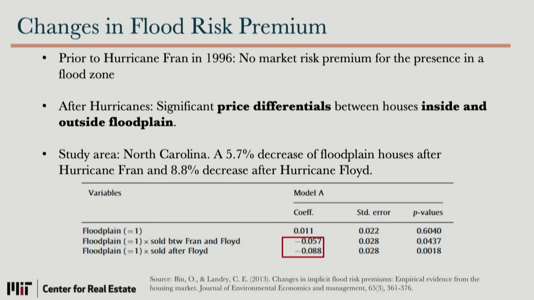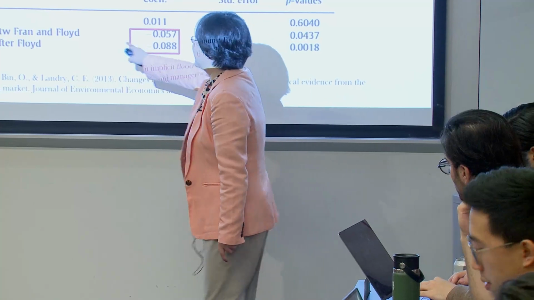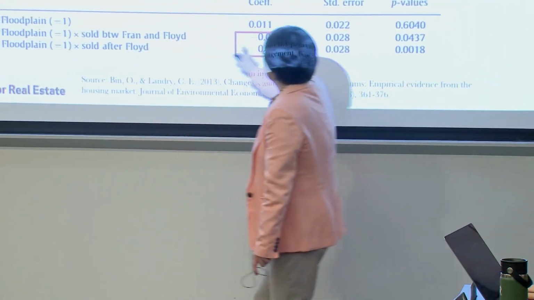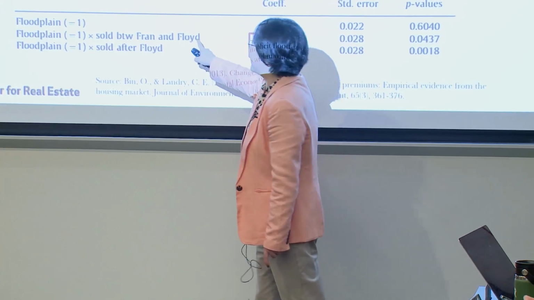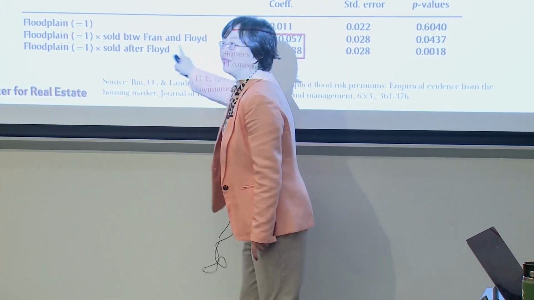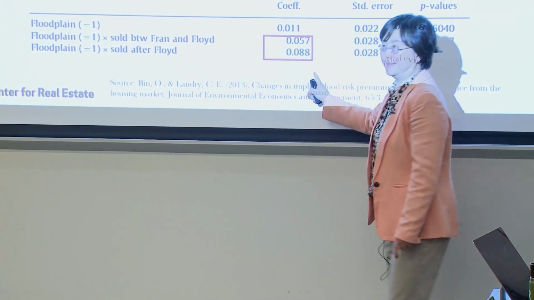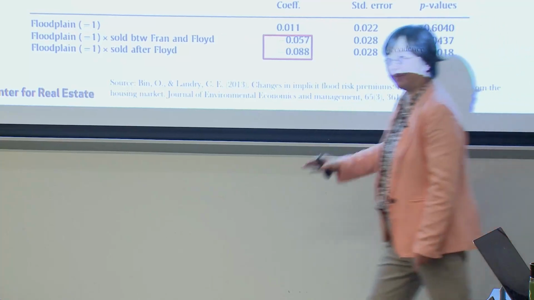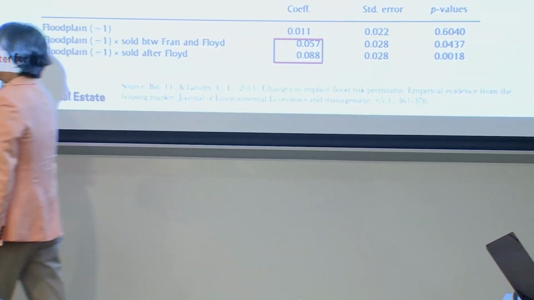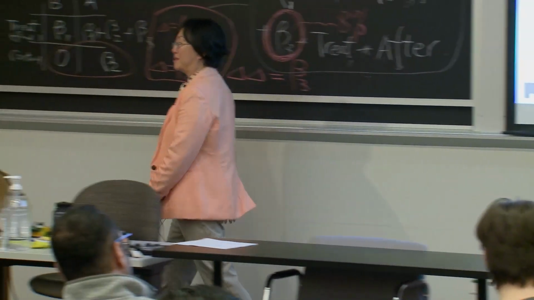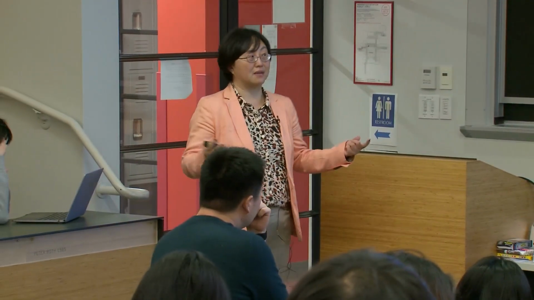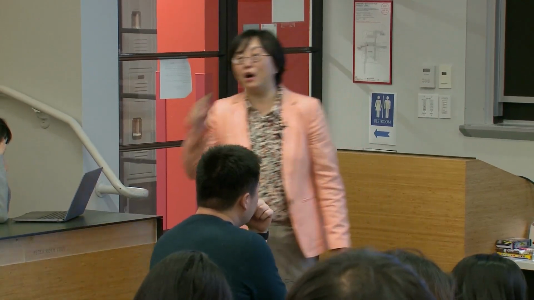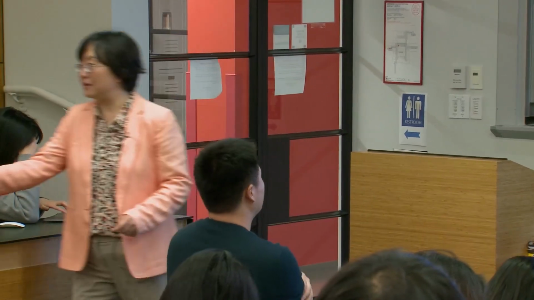And then one hit. Oh. After this first, Hurricane Fran, got a discount. And then, unfortunately, got hit again by Floyd and a further discount. They learn and learn and learn to the extent that it becomes stable, that they understand for this location what the future probability is, and they fully capitalize that. But it still depends on belief. Maybe no matter how many times, I just don't believe.